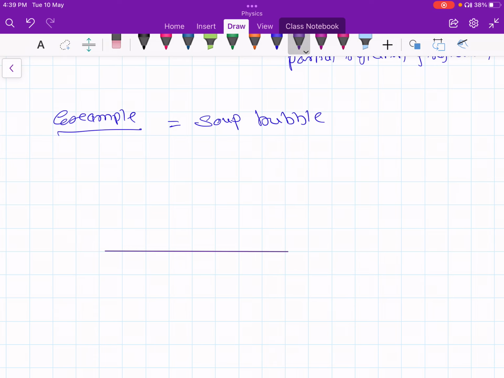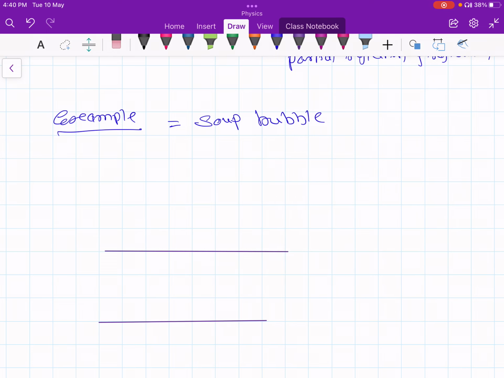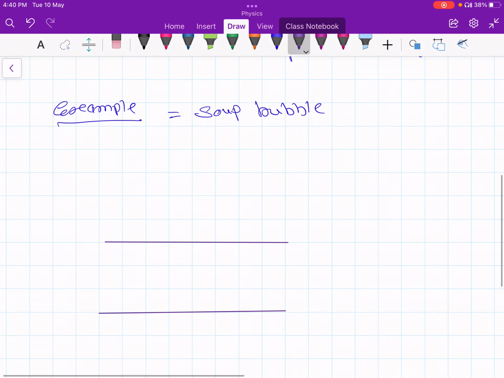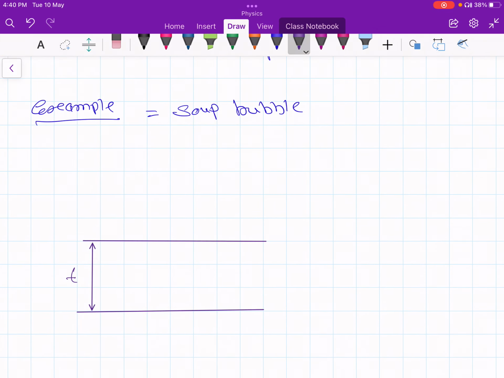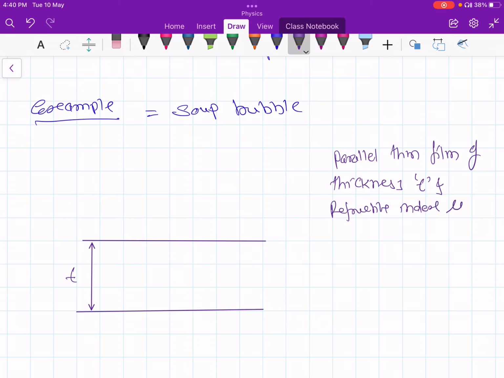Let's say that the thin film is enclosed between these two horizontal lines, and the thickness of that film is T. What I have shown here is a parallel thin film of thickness T and refractive index mu. The refractive index of this film is mu.